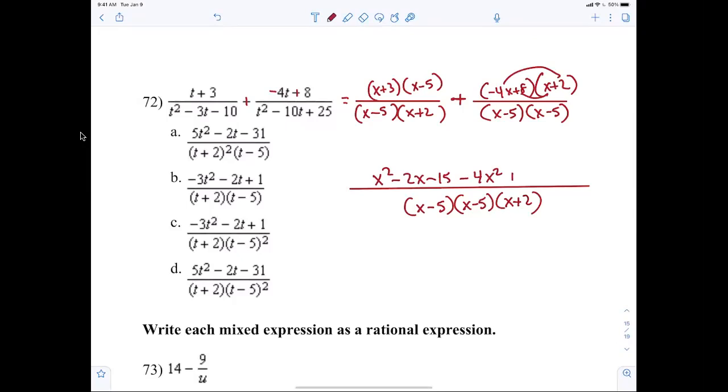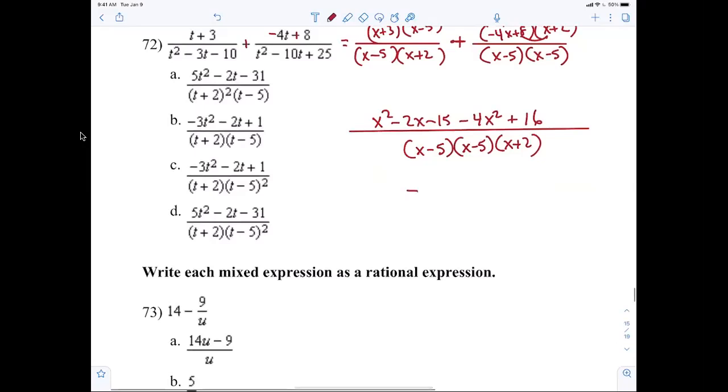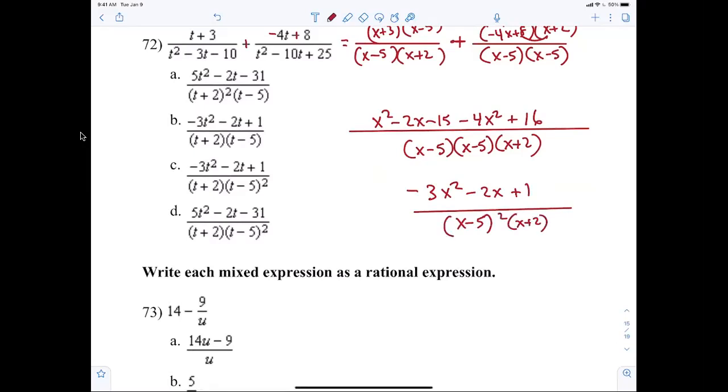Is it nothing? It cancels, and then just plus 16. And then 4x squared, or negative 3x squared, minus 2x plus 1. Right? Yep. Okay, sorry, that was kind of annoying.